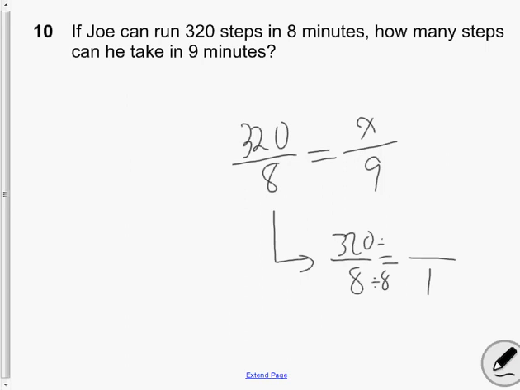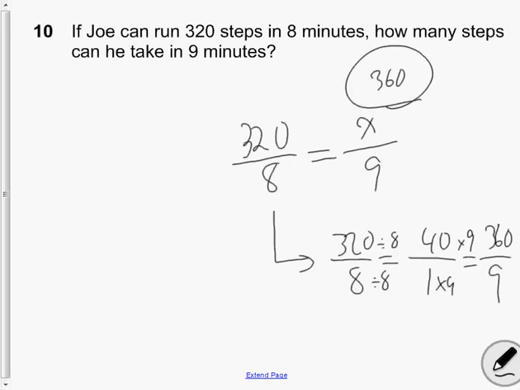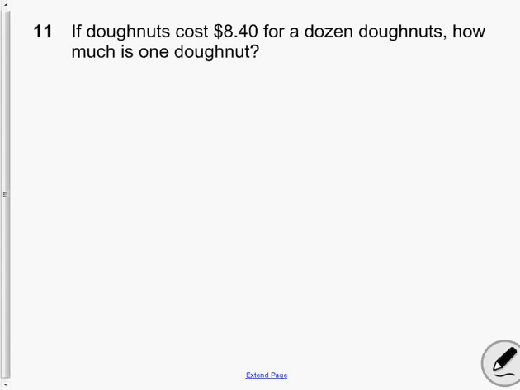This one I can do with division rather than algebra. This would be 40 steps in 1 minute. And if I want to get back up to 9, I now know he took 360 steps in 9 minutes because he takes 40 steps a minute. 360 steps.